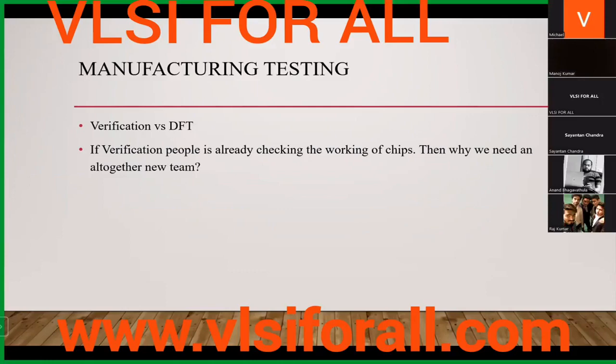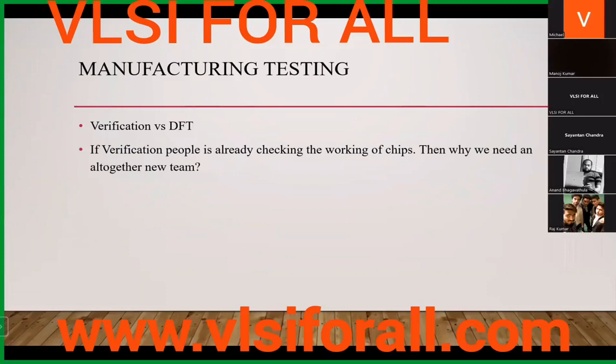Verification people are also doing that, but suppose a DFT person can do the same task in 10 patterns, verification people need at least 20 or 30 patterns to do the same job. If we need more patterns, we compromise on the test time, and test time is very limited, because when a chip is on a tester, it's a very high cost.